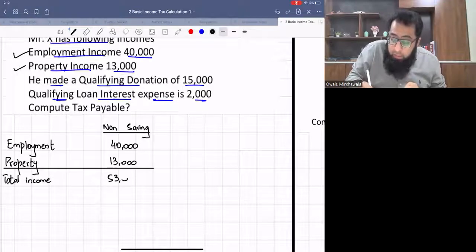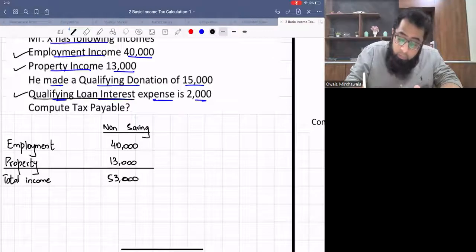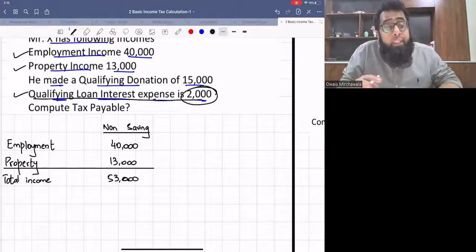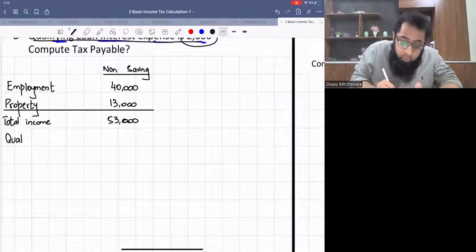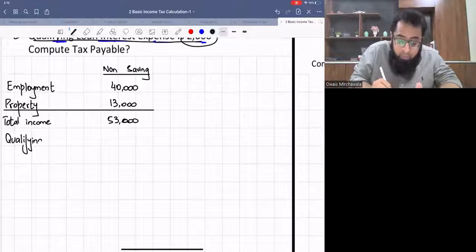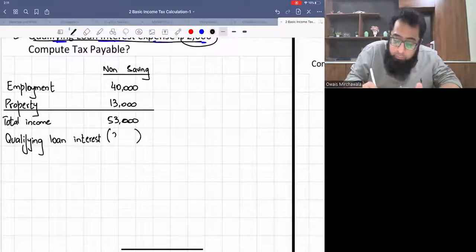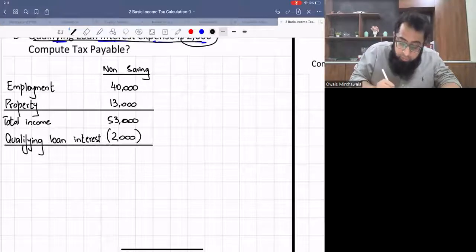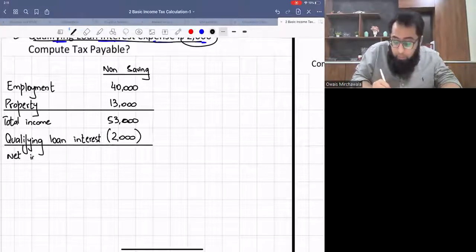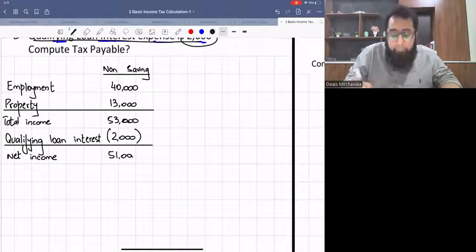The total income is 53,000. Now, in this question, there is qualifying loan interest. The qualifying loan interest expense is deducted from total income to arrive at the value of net income. Qualifying loan interest is 2,000. So this gives us the net income of 51,000. Okay.